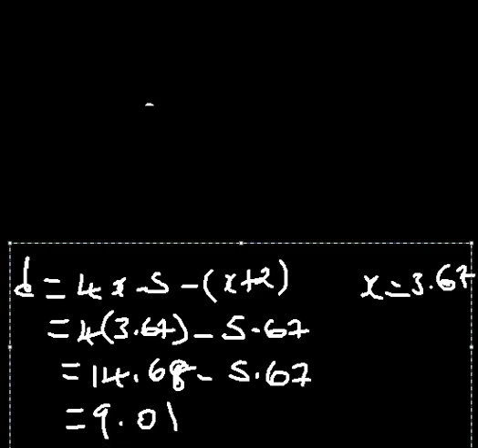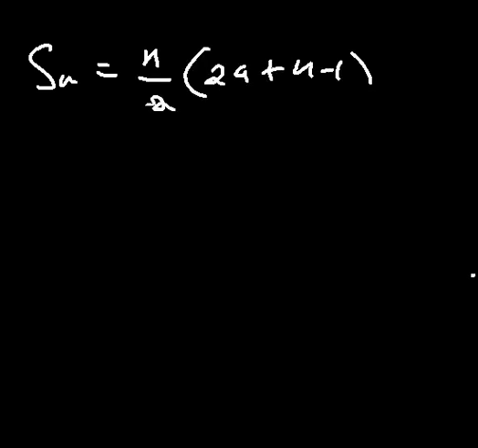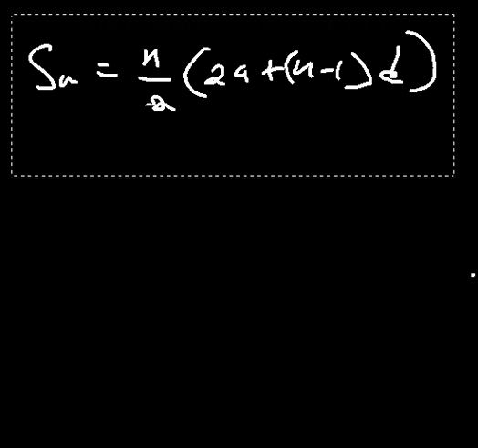We'll use the formula which says that the sum of n terms is equal to n over 2 times 2a plus n minus 1 times the common difference. So use this formula. So take note of that. You should have to go through that one. And I believe you have to appreciate that one. That's the nice way to go.